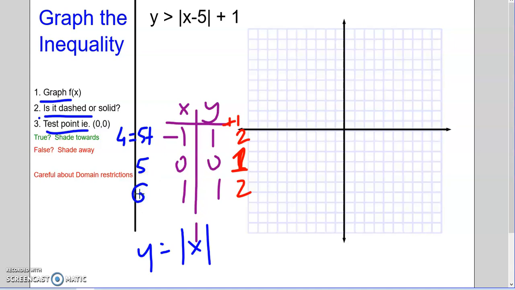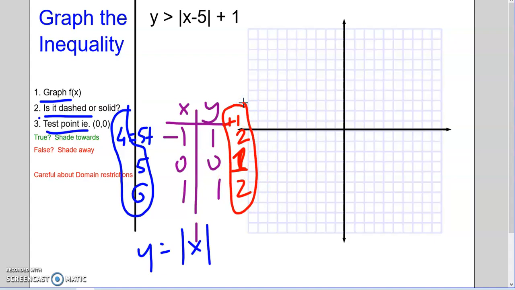Okay, so now the ones in blue are my modified x values, and the ones in red are my modified y values. So my coordinates then are 4, 2, 5, 1, and then 6, 2.